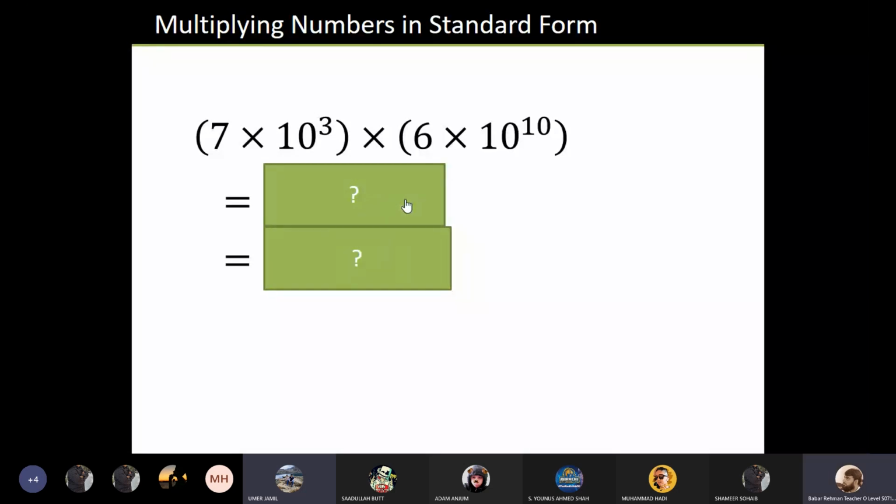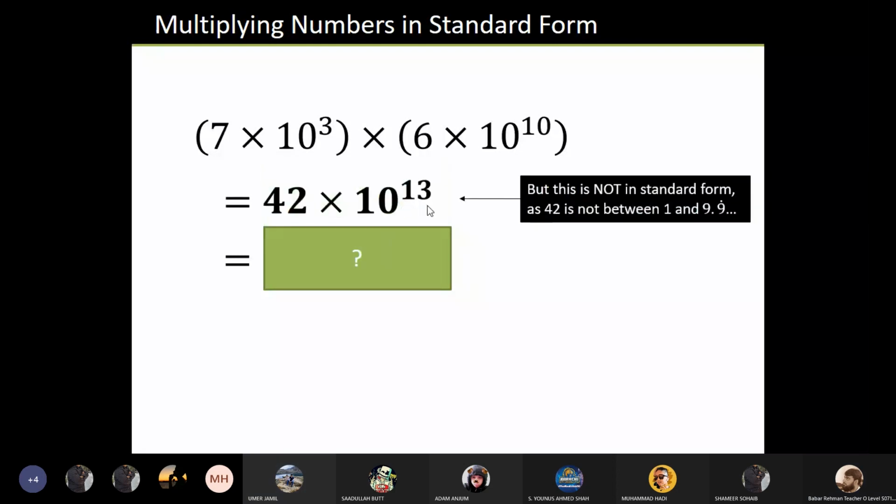So the bases will remain same, and the first basic form will be 42 multiplied by 10 to the power of 13.